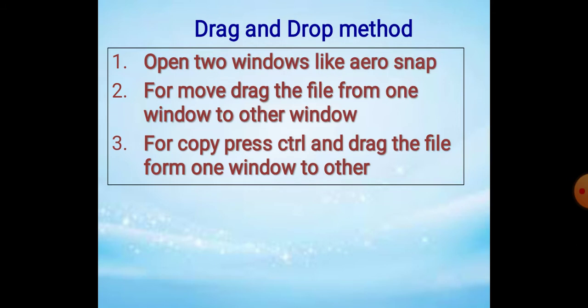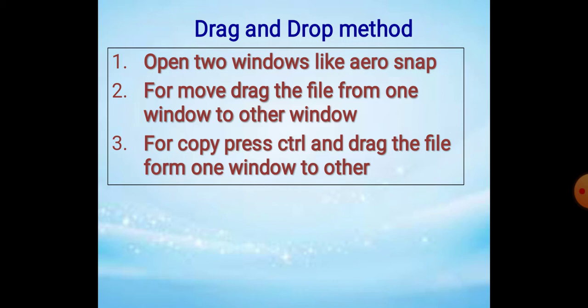Now children, there is another method also for copying and moving a file, that is drag and drop method. For this, first of all, we have to open two windows like arrow snap feature. And when two windows are on our screen, we can simply drag and drop the file or folder from one window to another window.